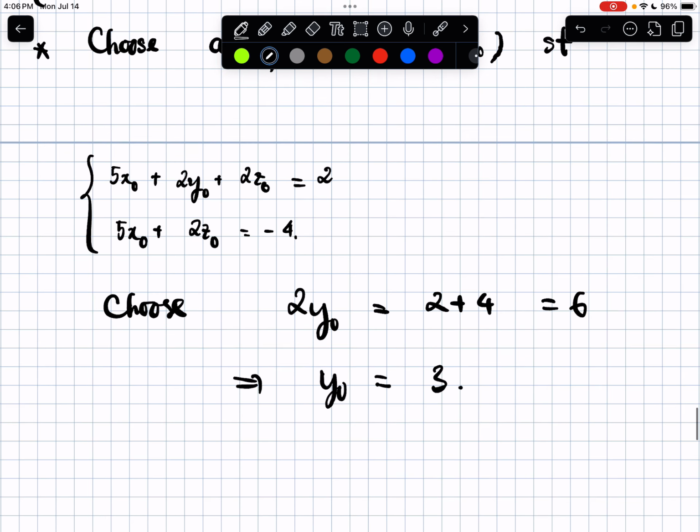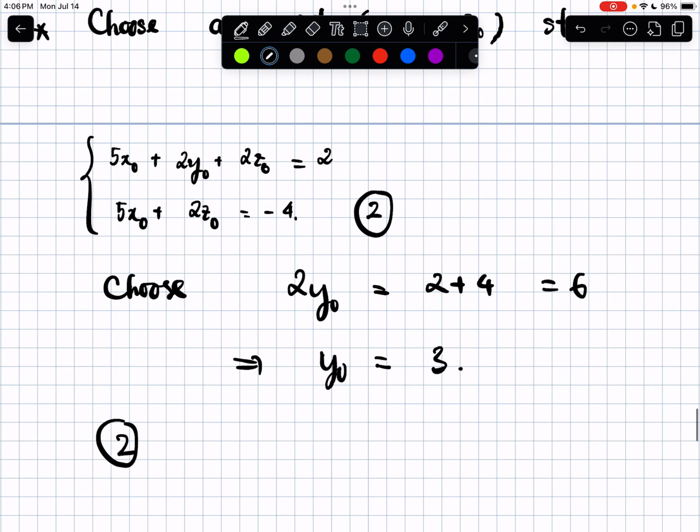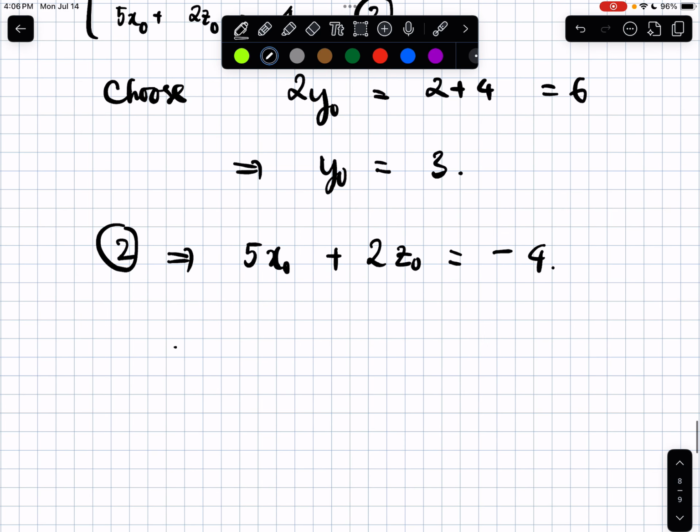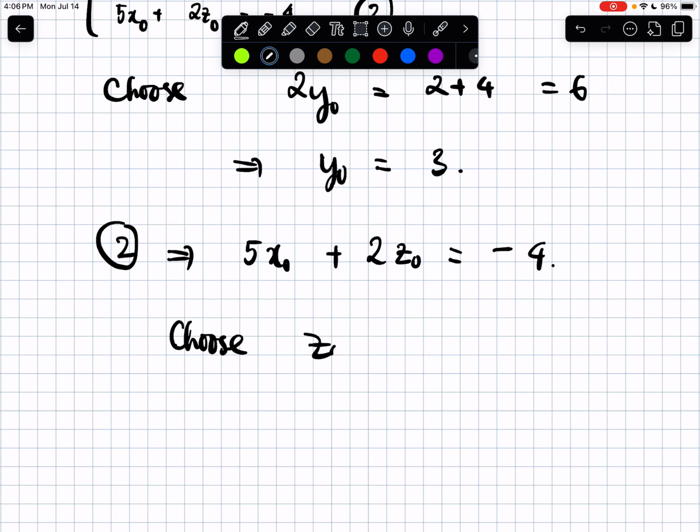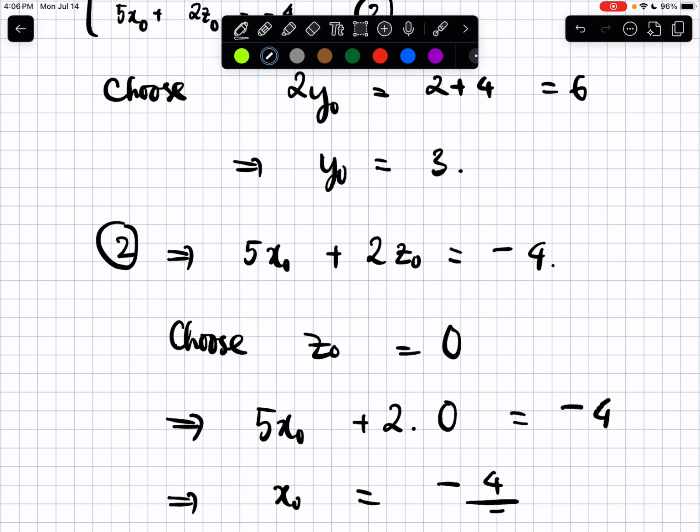And from equation 2, we have 5x0 plus 2z0 equals minus 4, and we can choose say z0 equals 0. Then we have 5x0 plus 2 times 0 equals minus 4. This gives us x0 equals minus 4 by 5.